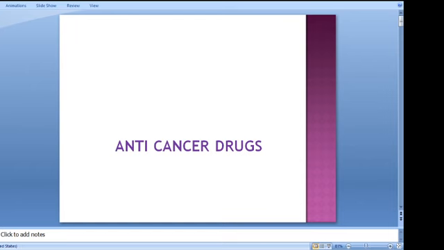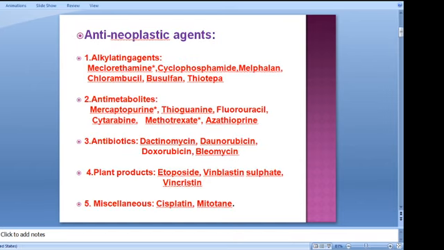As per the KUHA syllabus or the PCA syllabus, we have to cover the following things. The first one is alkylating agents: mechlorethamine, cyclophosphamide, melphalan, chlorambucil, busulfan, thiotepa. Second, antimetabolites: mercaptopurine, thioguanine, fluorouracil, cytarabine, methotrexate, azathioprine.